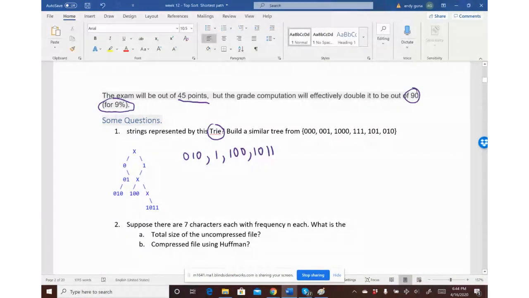Basically that 1 is a prefix of both of these strings. The x denotes the end of a string, and you can still go to the left. So this will be 0, and this will be 0. That's why you get 1, 0, 0, right? So this will be 1, and this will be 1.